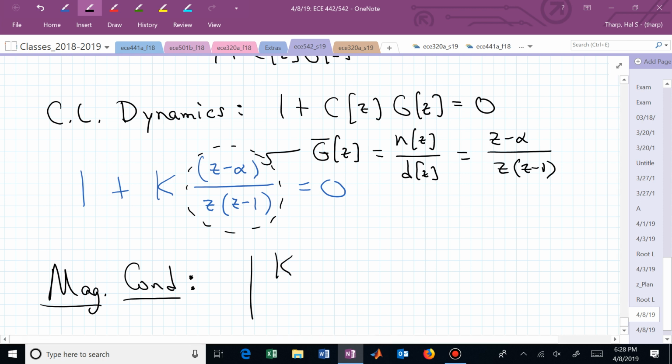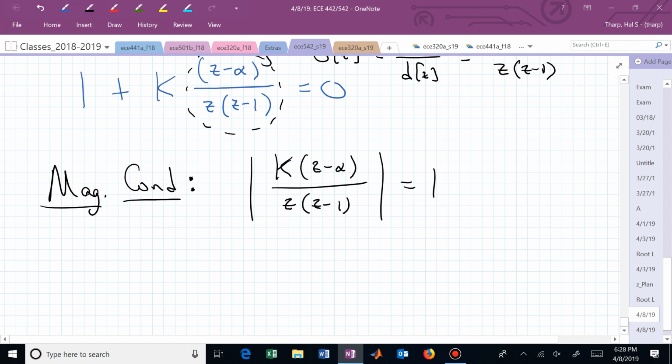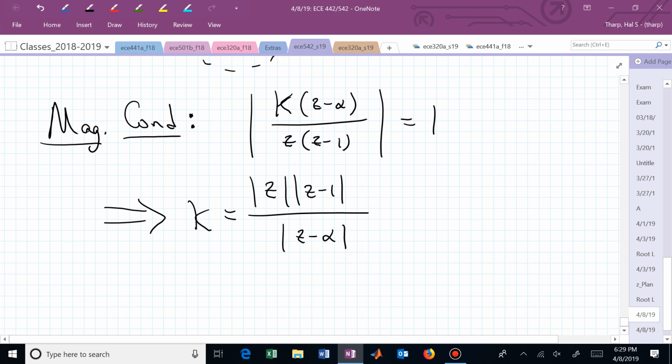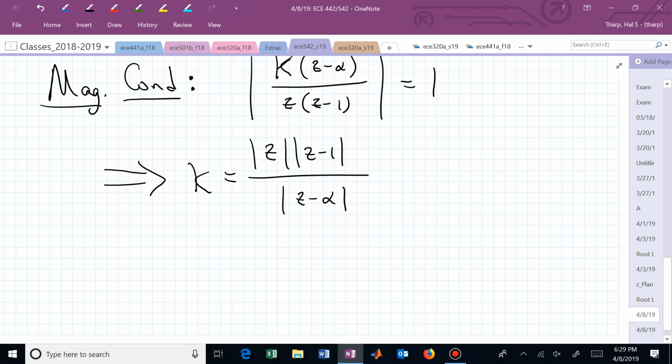We know that K times Z minus alpha over Z, Z minus 1 is equal to 1. And if we solve that for K, we have the magnitude of Z over the magnitude of Z minus 1 times the magnitude of Z minus alpha. Well, that didn't help me a bit.